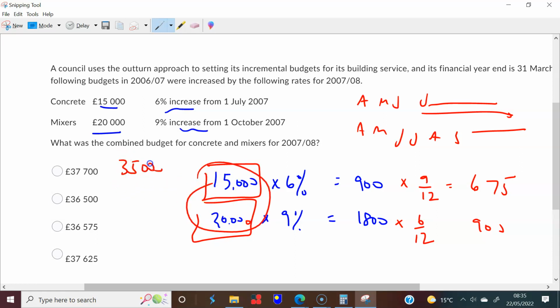Yes, add those two together, 35,000, and add on these new additions, and you will get 36,570, I believe. Yes, let's just do that. 35,000 plus 675 plus 900 is 36,575. Cool, and that's that question.